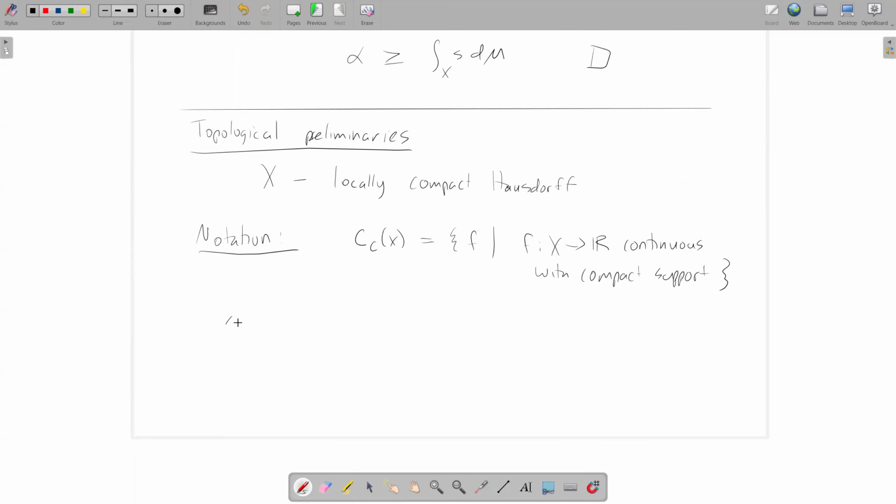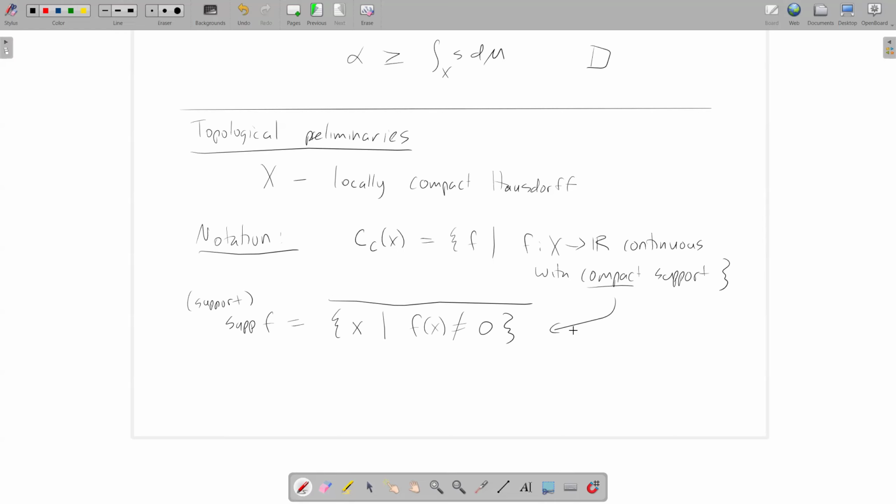Okay, support. So the support is equal to the set of all x so that f of x is not equal to 0, but it's not quite that. It's actually the closure of that. Okay, so this is a closed set, and we are assuming that this is compact.